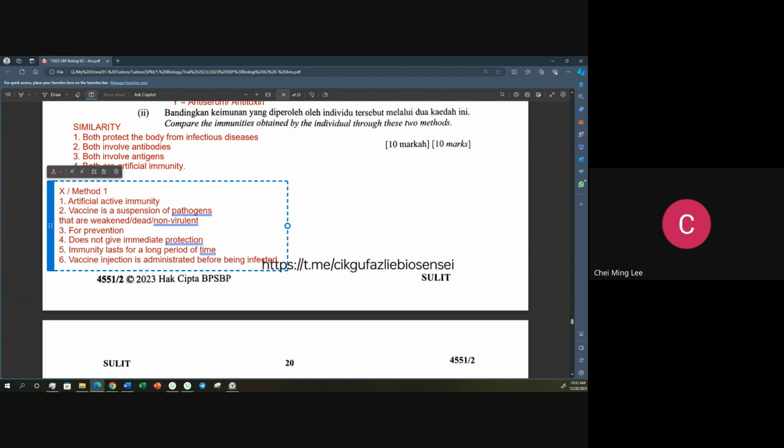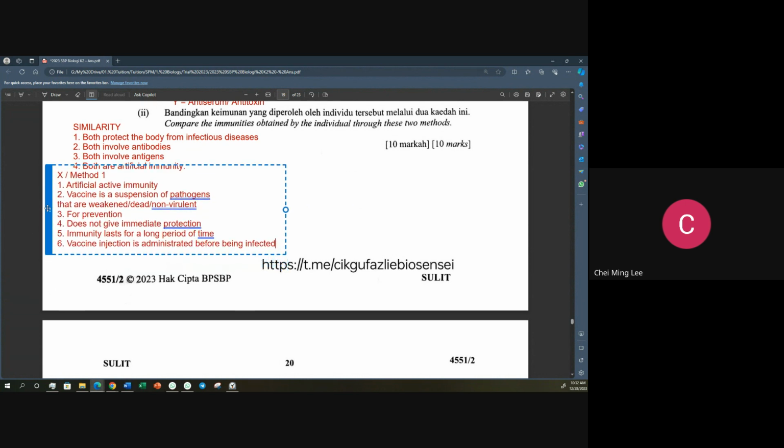哇，好像不够写哦，因为它很多。Okay, the antibodies are produced by lymphocytes.